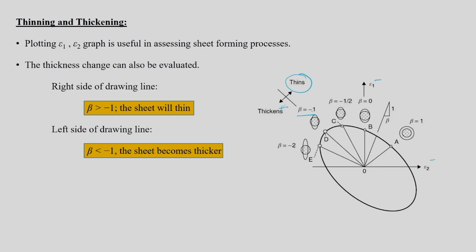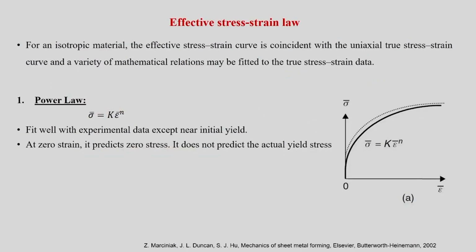So with respect to beta, you can divide sheet forming deformation into 2 parts. One involves thinning, which is beta greater than -1, and the other is beta less than -1, which is the sheet getting thicker. We will come back to this after this discussion.